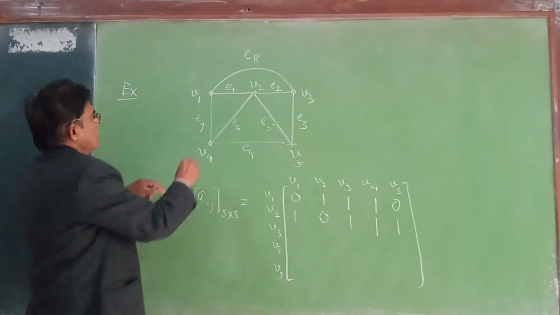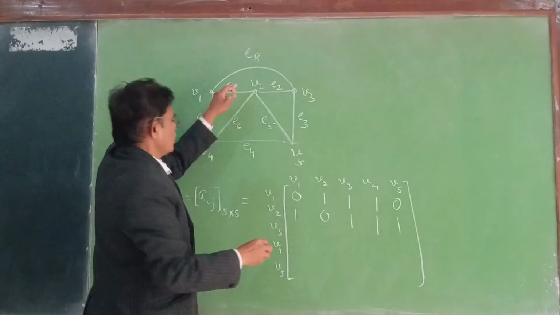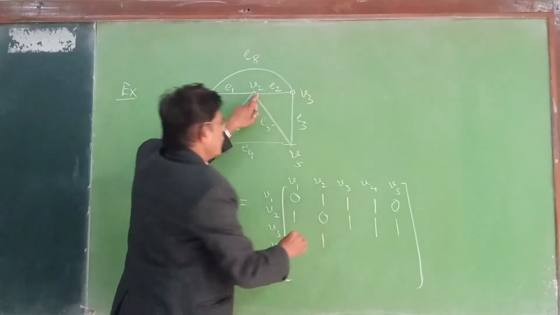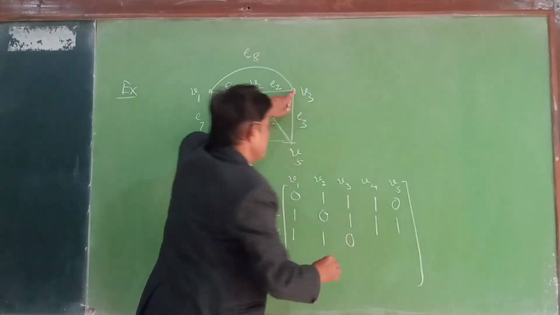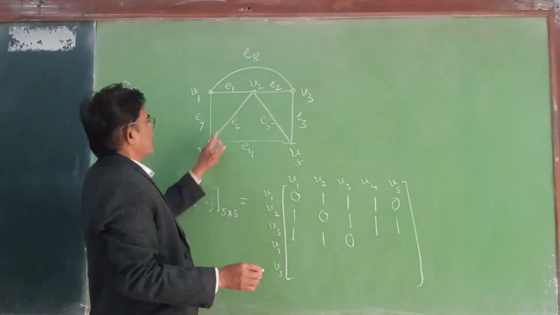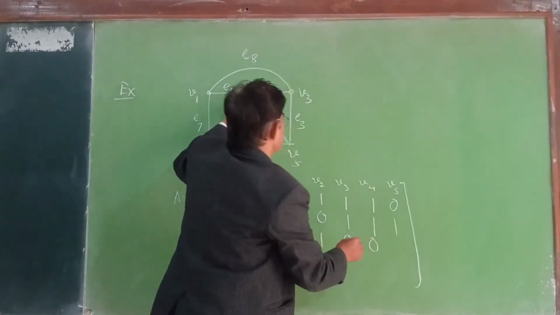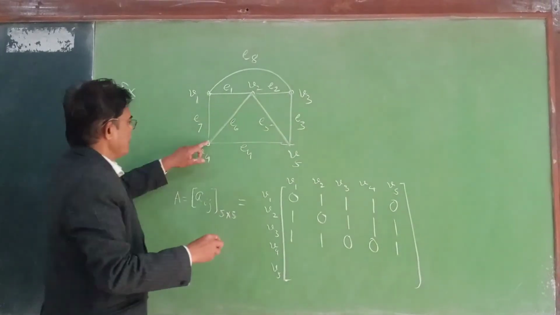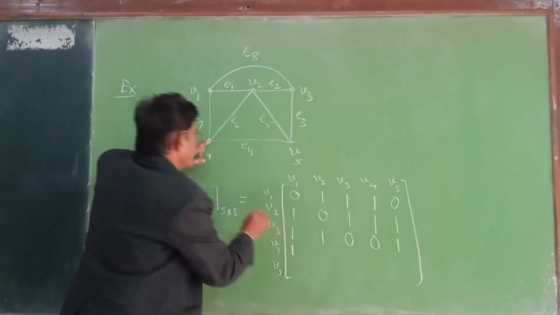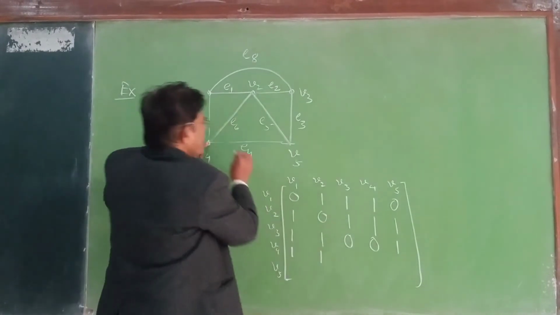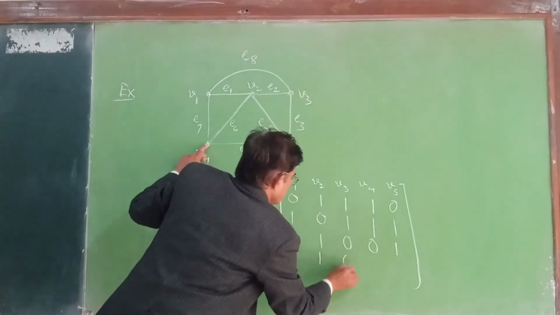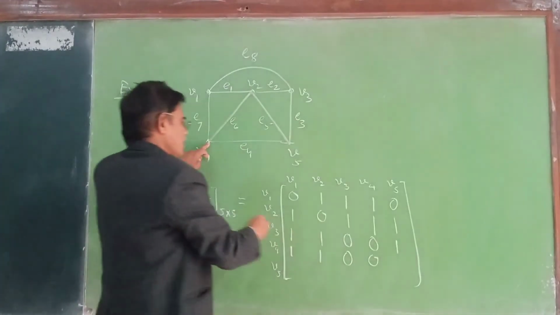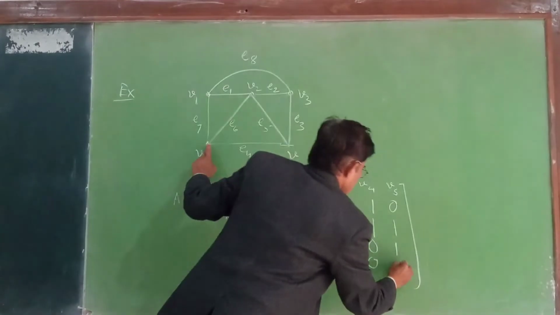Now V3: V3 V1 is 1, V3 V2 is 1, V3 V3 is 0, V3 V4 has no edge, so 0, V3 V5 is 1. Now V4: V4 V1 is 1, V4 V2 is 1, V4 V3 has no edge, 0, V4 V4 has no loop, so 0, V4 V5 is 1.